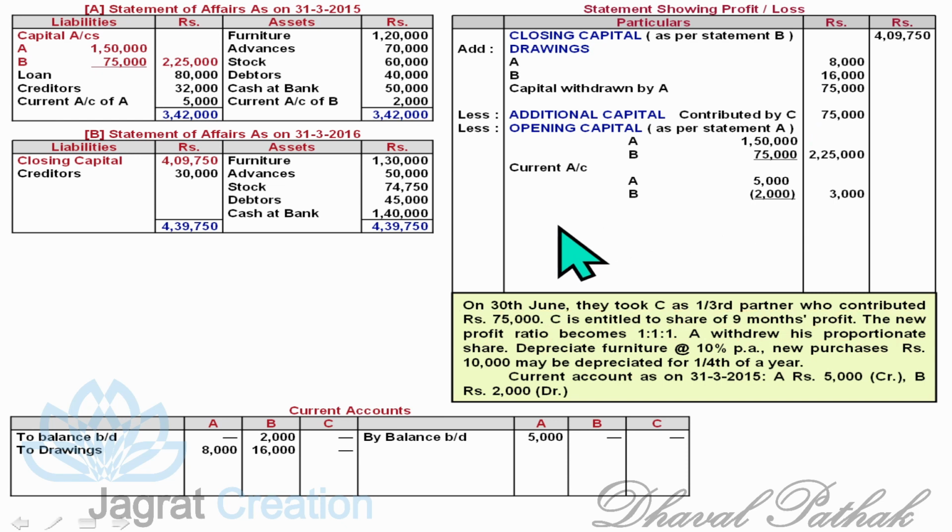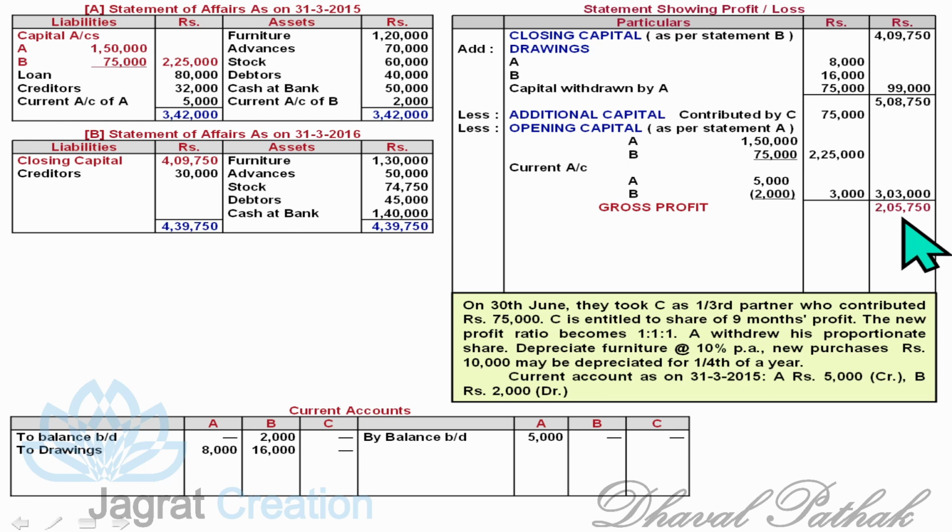Now on the basis of this information, drawings are added, opening and additional capital is deducted. So this is the gross profit that I get. This is a very important point that you should notice.